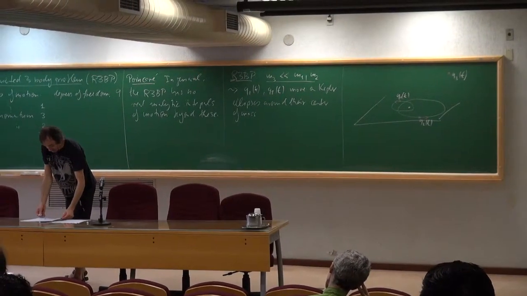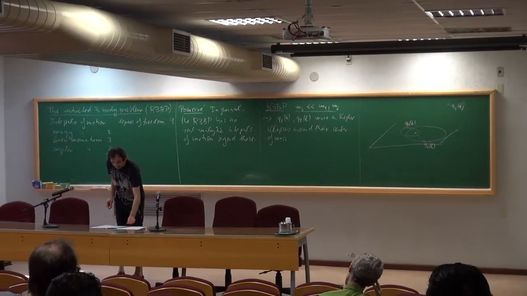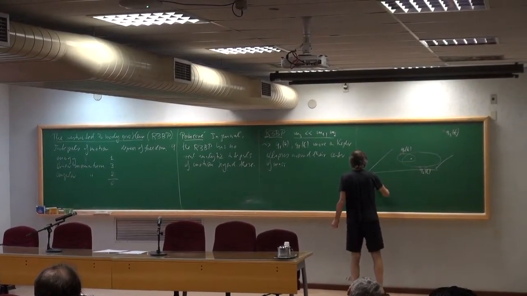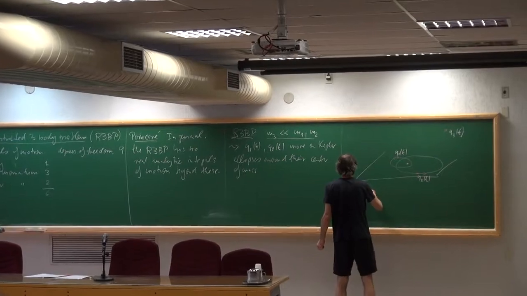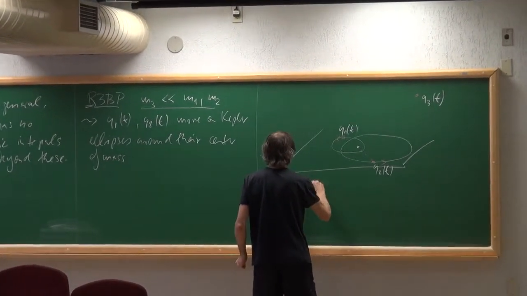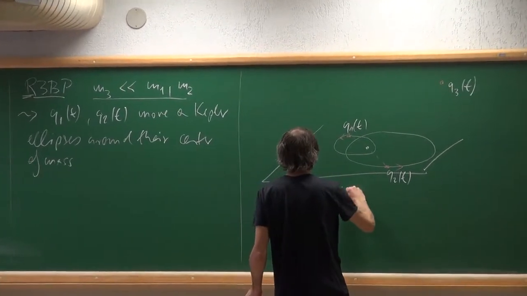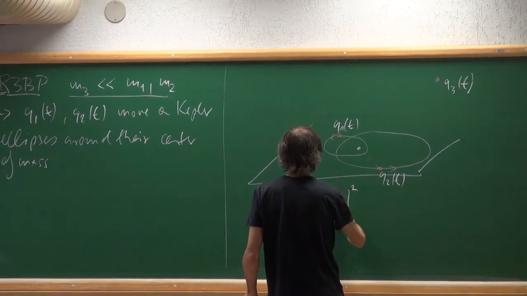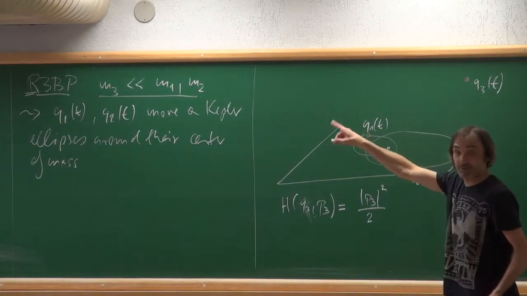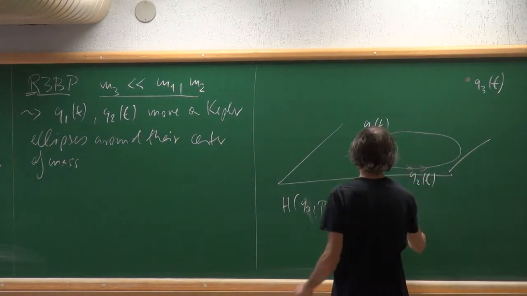All right. So this is governed by the Hamiltonian for the third position, Q3 and P3, which is P3 squared over 2. I'll neglect the third mass because it drops out anyway.